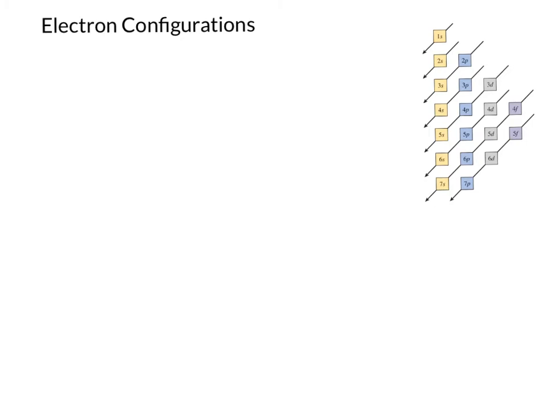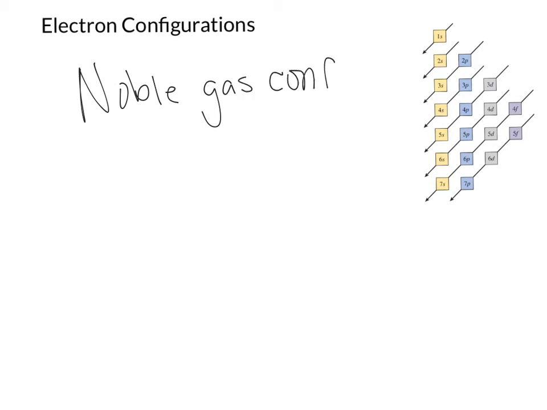Now once we get to a higher number of electrons, we have a shorthand notation that we can use to demonstrate what the electron configuration is, and this is called the noble gas configuration. That is to say that we can use the noble gas configuration that precedes the element that we're talking about, and that can be used as almost a placeholder for that whole electron configuration.